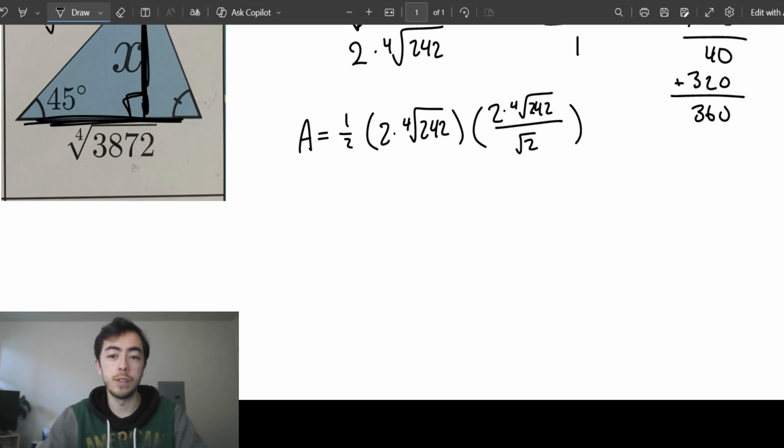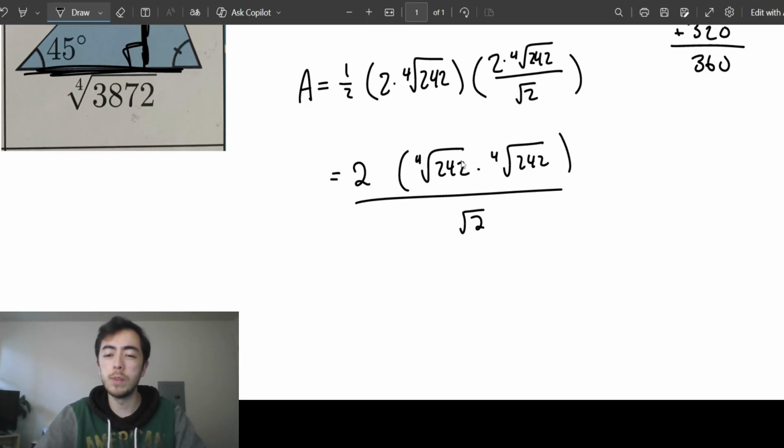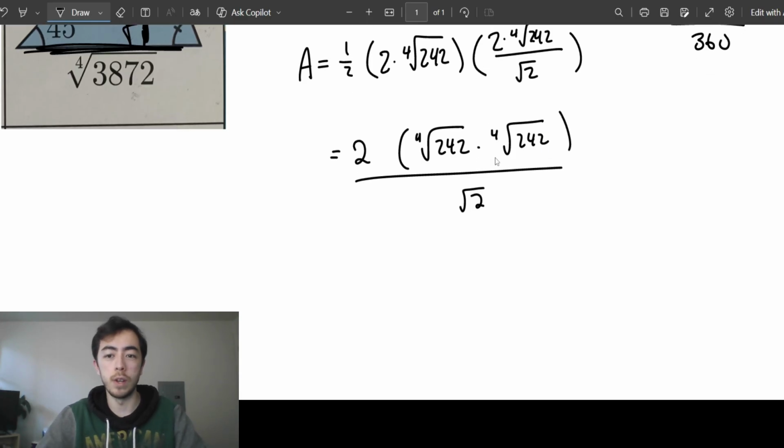I think what I'll do first is just collect up my non-radical numbers. Everything here is just being multiplied or divided, so I can do stuff in whatever order I want. So grabbing this 2, that 2, and the 1/2, I do get a 2 out front. Then I am left with the fourth root of 242 times the fourth root of 242, and then all divided by root 2. This fourth root times a fourth root, I know just gives you a square root.